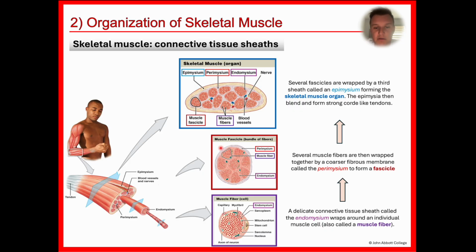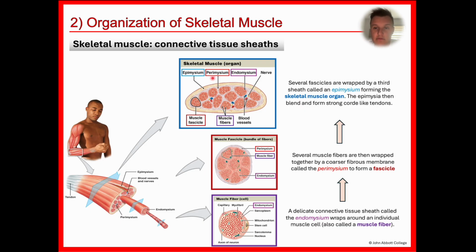So there are actually many muscle fascicles. You see over here the endomysium between all of these muscle cells, and the perimysium that is going around all of the muscle fascicles.